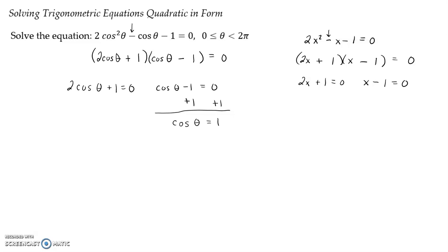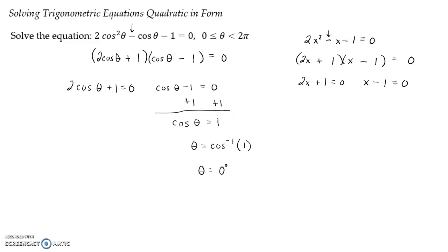Now remember, we're solving for theta, so let's go ahead and do inverse cosine on both sides. And this is going to give us an angle measure. Let's go in degrees first. Our theta value here is going to be 0 degrees, which would also be 0 radians.